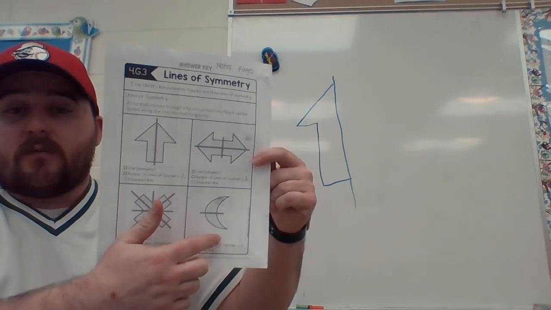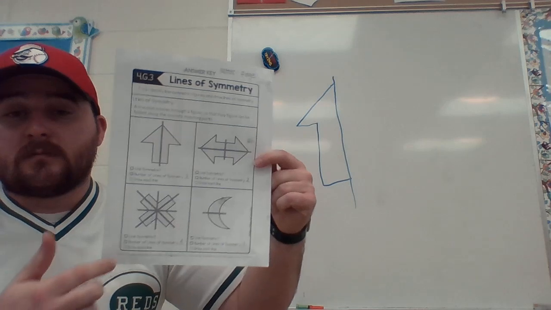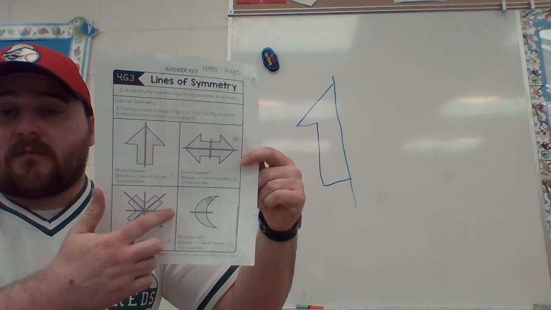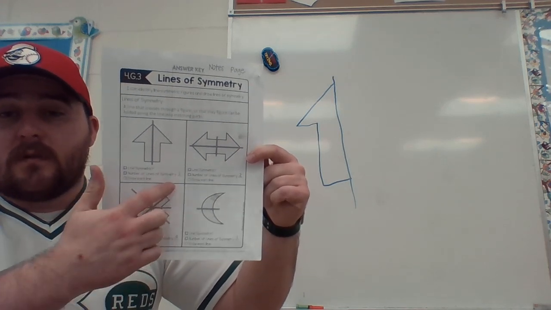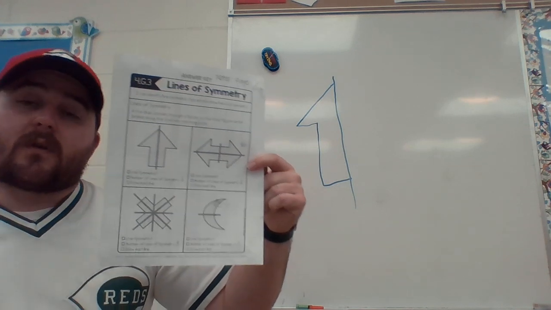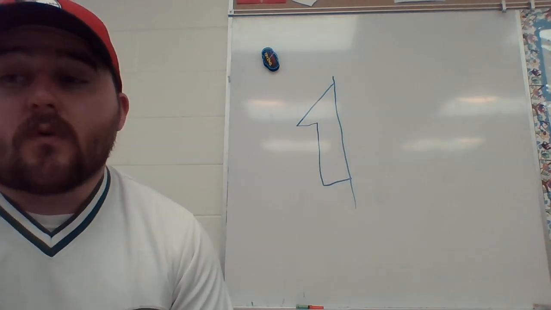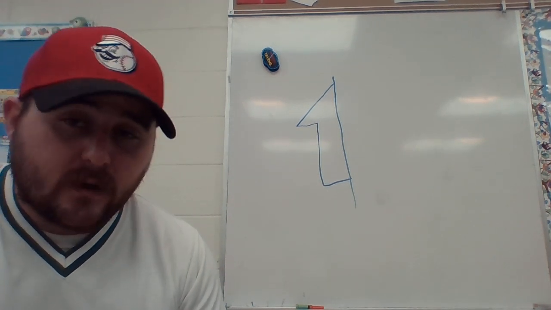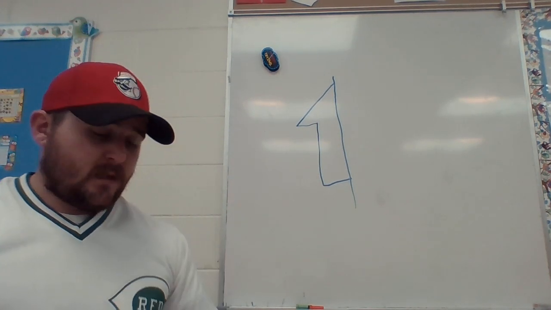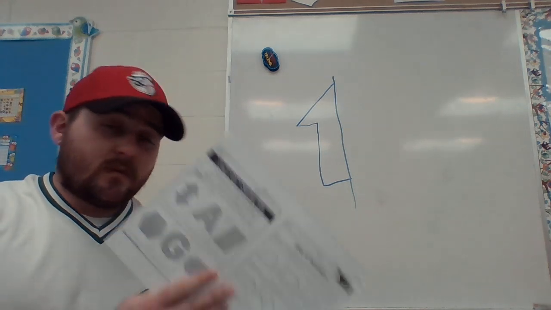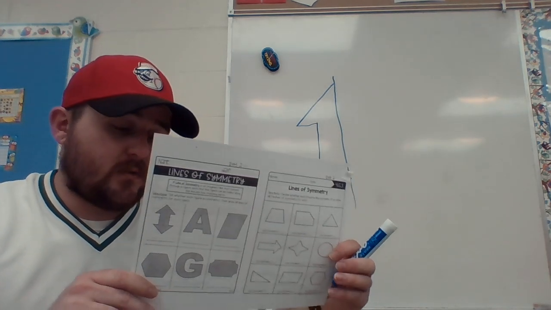Same here, 1 line of symmetry, kind of like the arrow. Then right here you have 1, 2, 3, and 4 lines of symmetry. With that notes page, you then come to your work for day 2.